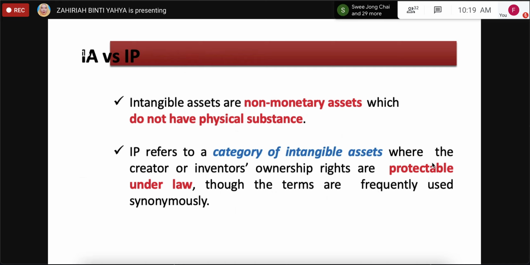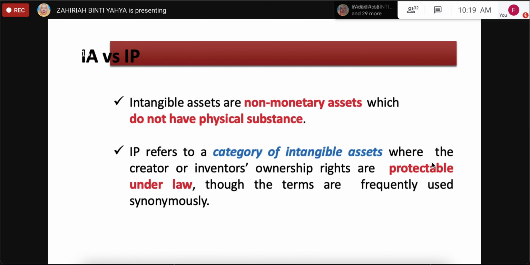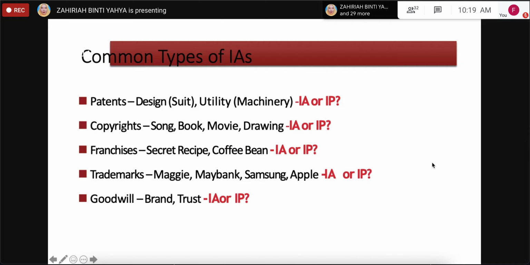So based pada this statement, you boleh tahulah patent, copyright, trademark, goodwill ni, which one is the intellectual properties.